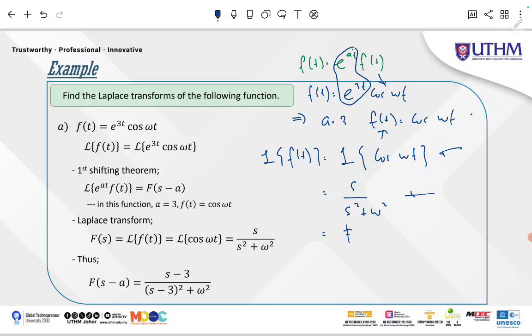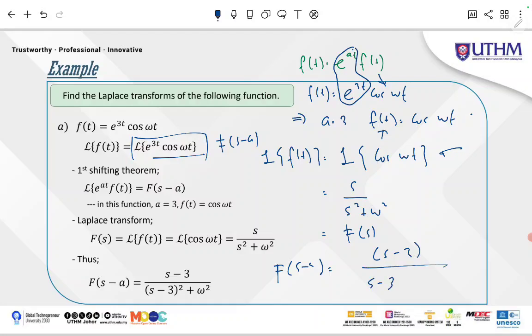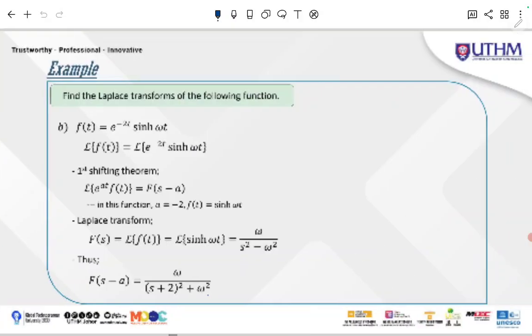This one is equal to F(s), but the solution is F(s minus a). We just replace s with s minus a, where a is 3, so we get s minus 3 over (s minus 3) squared plus omega squared. That's all, very easy. Let's look at other examples.